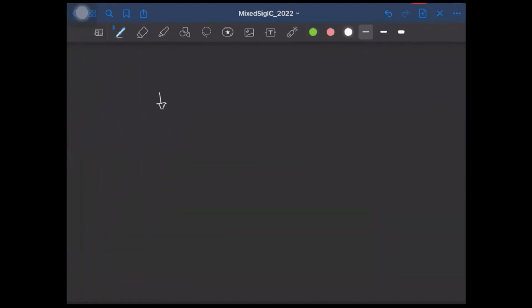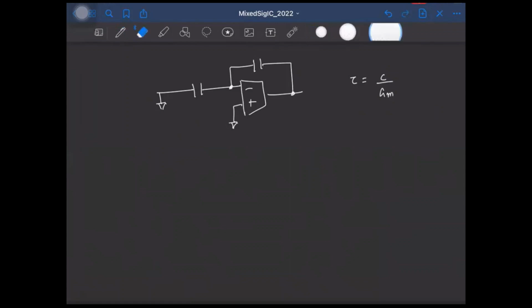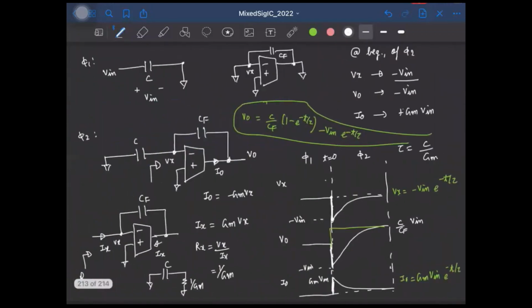So in short, when we have the equivalent circuit like this during the phase phi2, the time constant is C by GM, right? So when you have an on resistance also, say R-on, during the phase phi2, then the effective time constant will be 1 by GM plus R-on times C. Okay, so with R-on, the voltages will again rise exponentially like this, right?